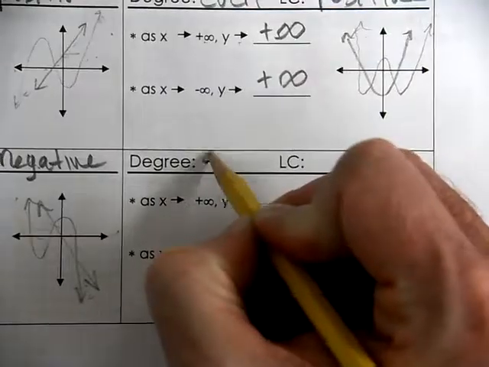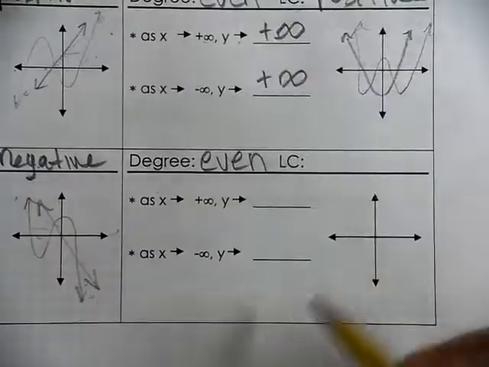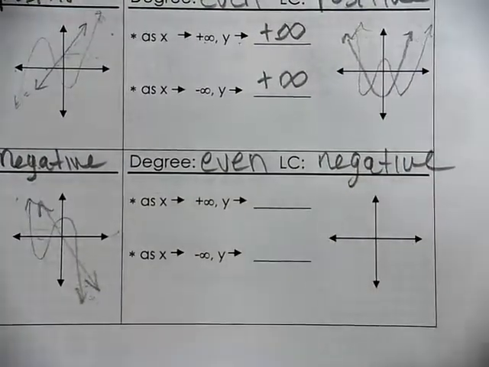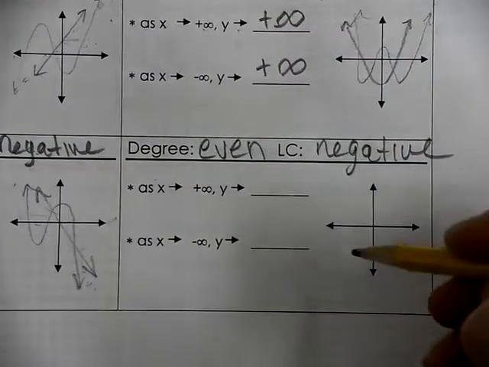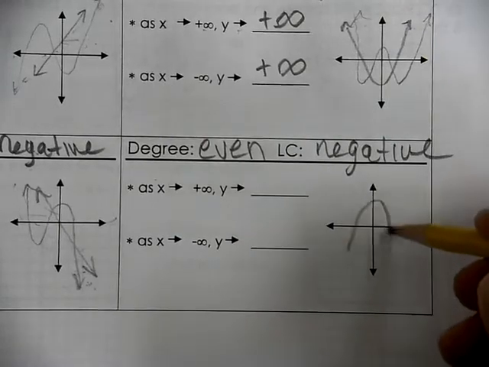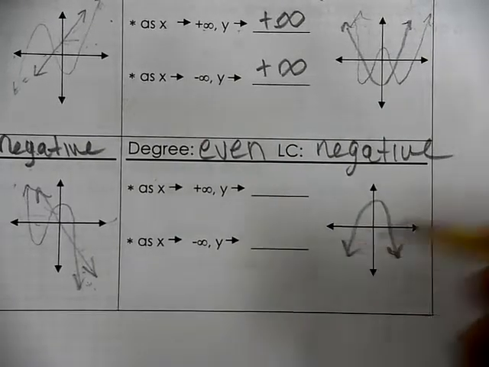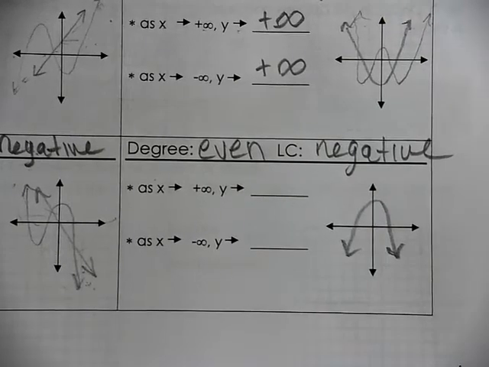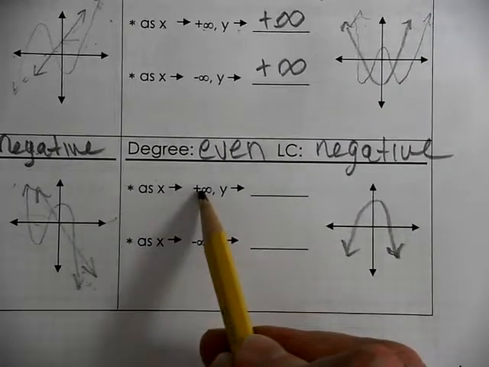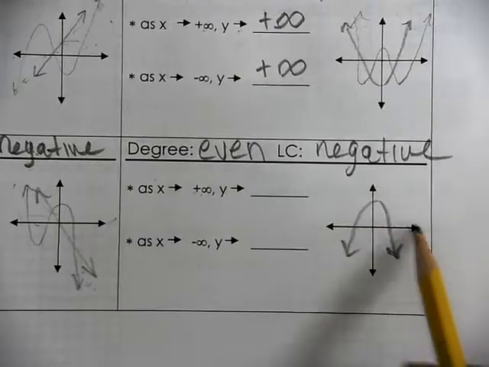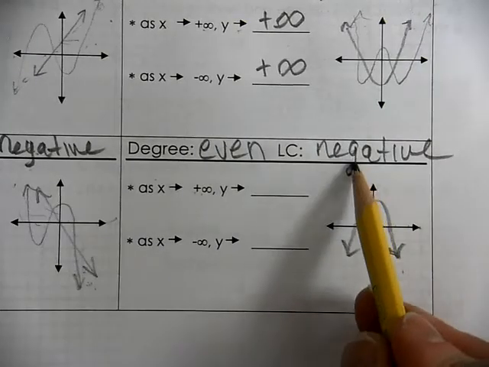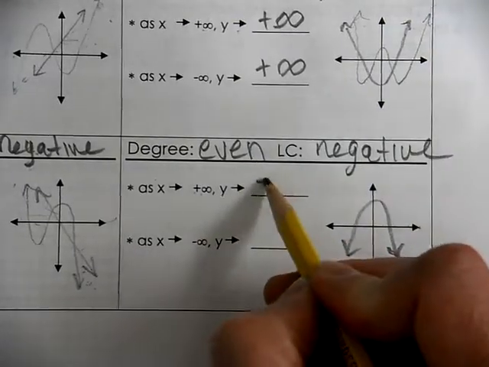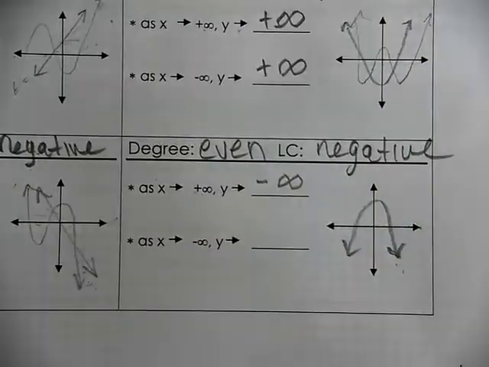If we have an even degree that has a negative leading coefficient, the one that you're most familiar with is a parabola. You know that when you move to the right for x, the parabola is going to drop. If it has a leading coefficient that's negative, it makes it open downwards. So it goes to negative infinity.